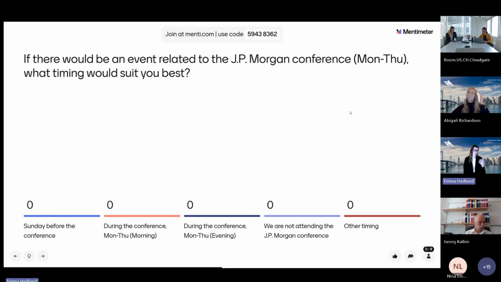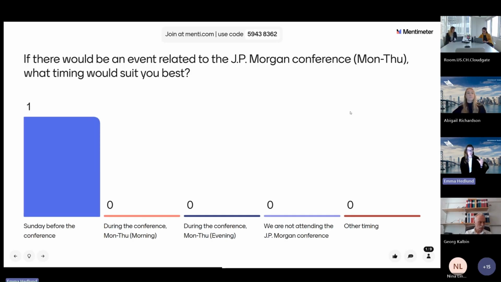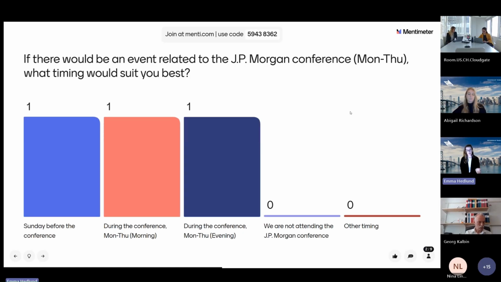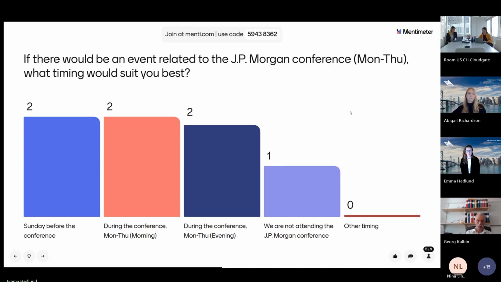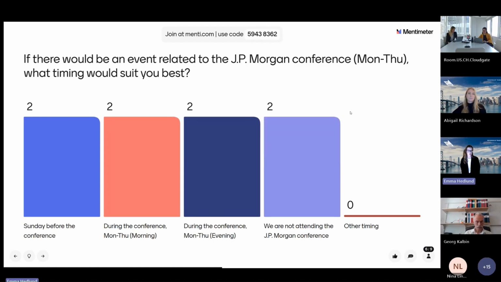So for example, Sunday before the conference, during the conference but in the morning, or still during the conference but in the evening, or if you're not planning to attend, you can write that, or any other timing. Okay, most seem to be a bit flexible. So could be Sunday, but it can also be during the conference week.